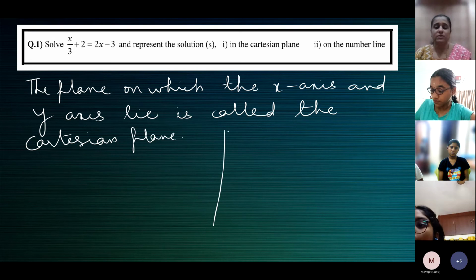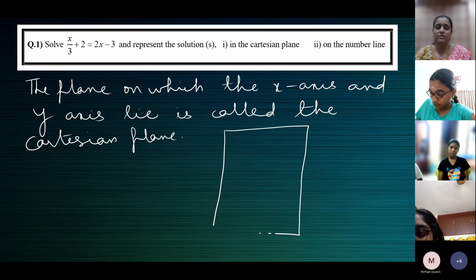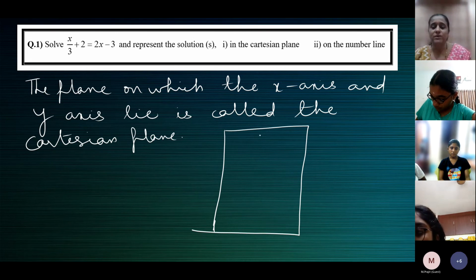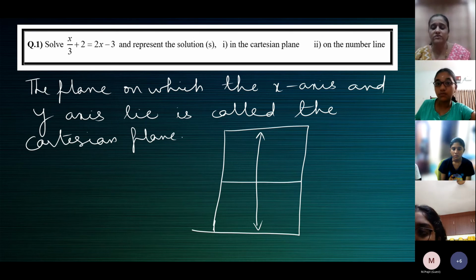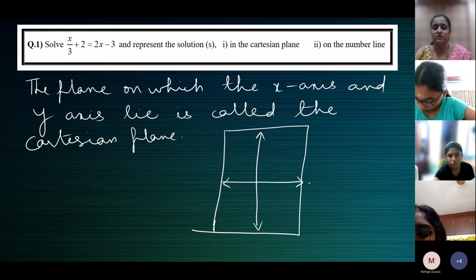Plane is a flat surface. So your graph paper is a plane surface. On your graph paper, you'll take up the vertical axis and the horizontal axis. Now this becomes a Cartesian plane.